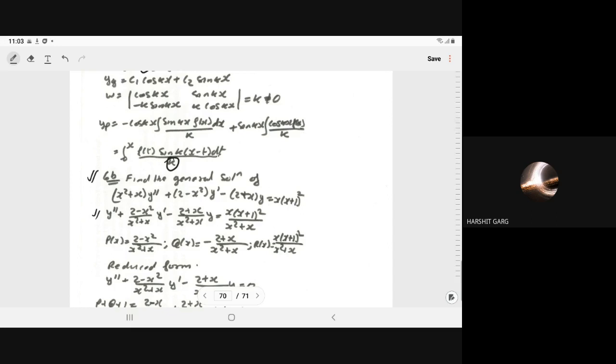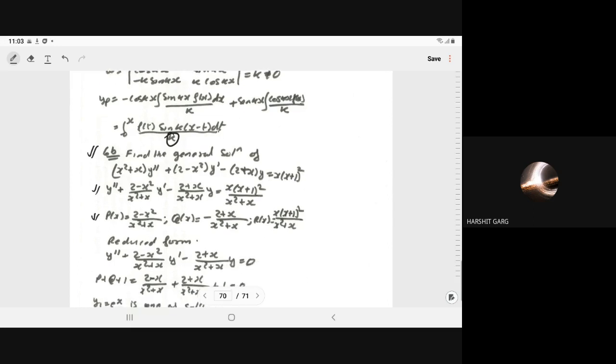So y'' + ((2 - x^2)/(x^2 + x)) y' - ((2 + x)/(x^2 + x)) y = x(x + 1)^2/(x^2 + x). As you compare with the standard form, we have P(x) = (2 - x^2)/(x^2 + x), Q(x) = -(2 + x)/(x^2 + x), and R(x) = x(x + 1)^2/(x^2 + x).